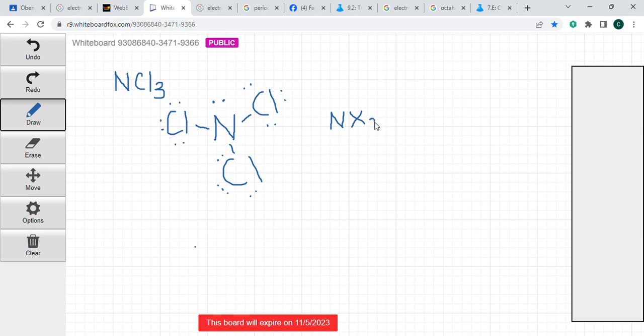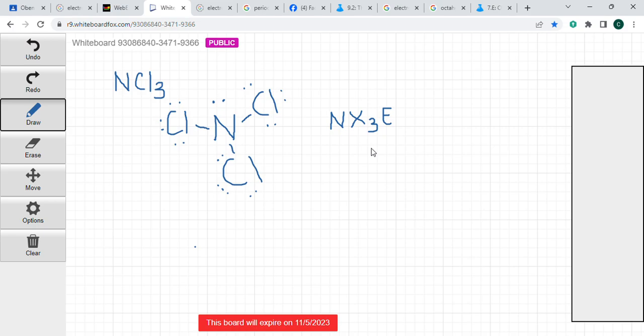So NX3, and the number of lone pairs around the central atom is 1. So we just write E here. That is the notation or designation of NCl3.